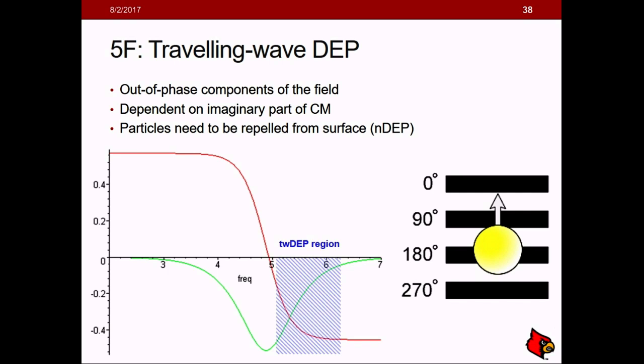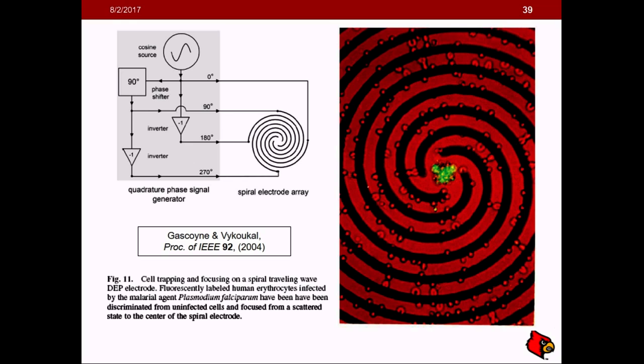And this has been used to selectively sort and trap particles. So a spiral configuration is a straightforward way of creating a traveling wave system in a planar single metal deposition application. So here we have two different cell types, one that has been infected, one that is uninfected.